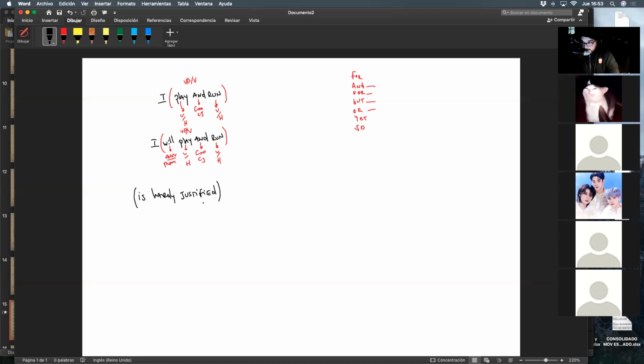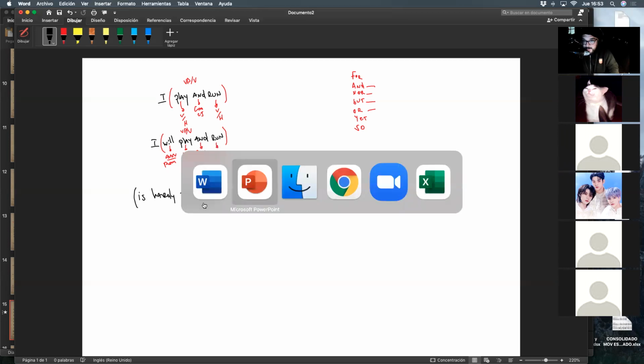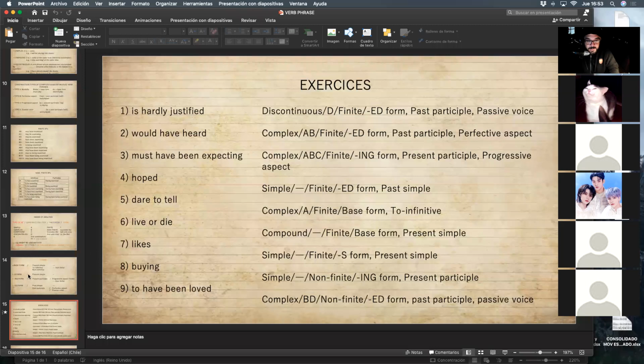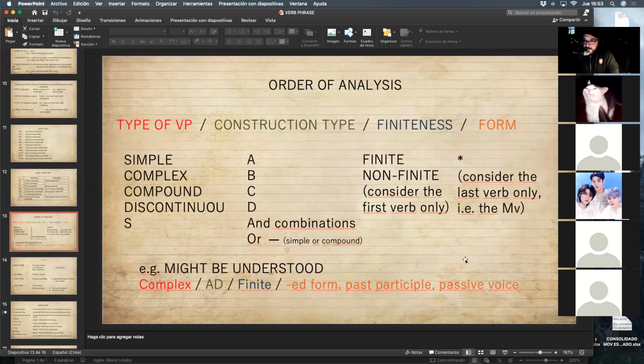Recordemos cuáles son. Is hardly justified. Eso es lo que dice ahí. Perdón por mi letra también. Un minuto y revisamos.